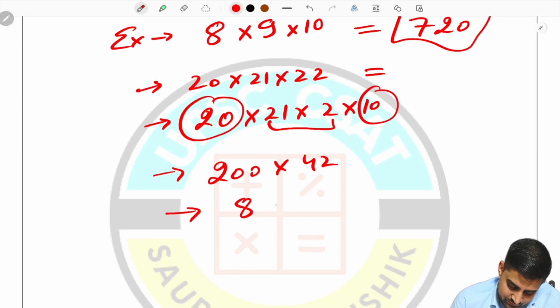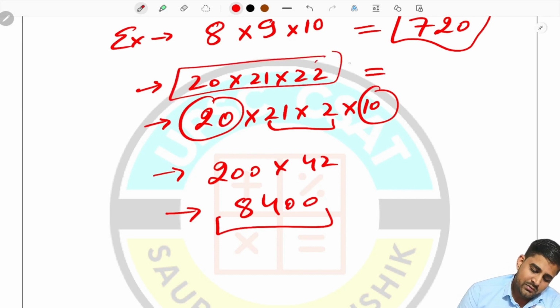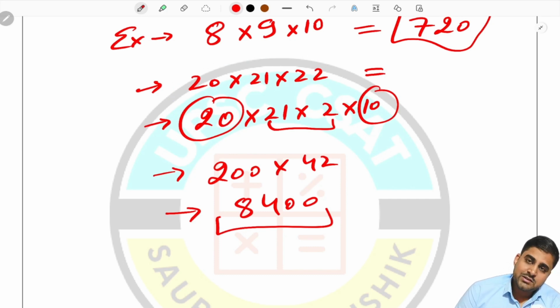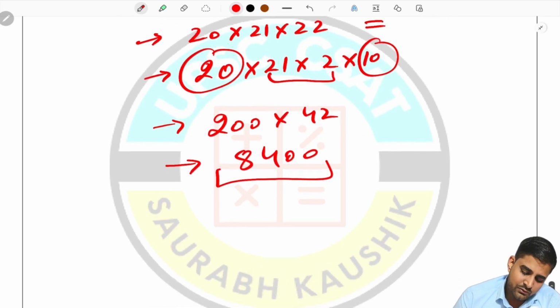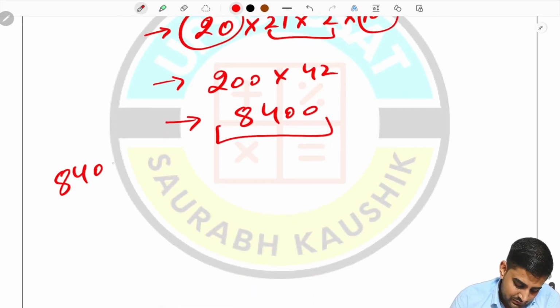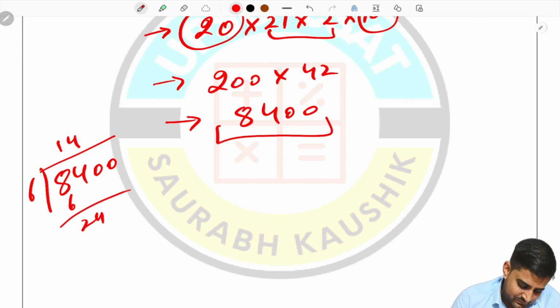It becomes 8400. Have you noticed I didn't multiply any of them. I just break things up and make according to my convenience. That's how calculation works. Now check the 8400. I know the answer, but for the justification only: 6 4s are 24. Is that divisible or not? So 24, it is divisible.